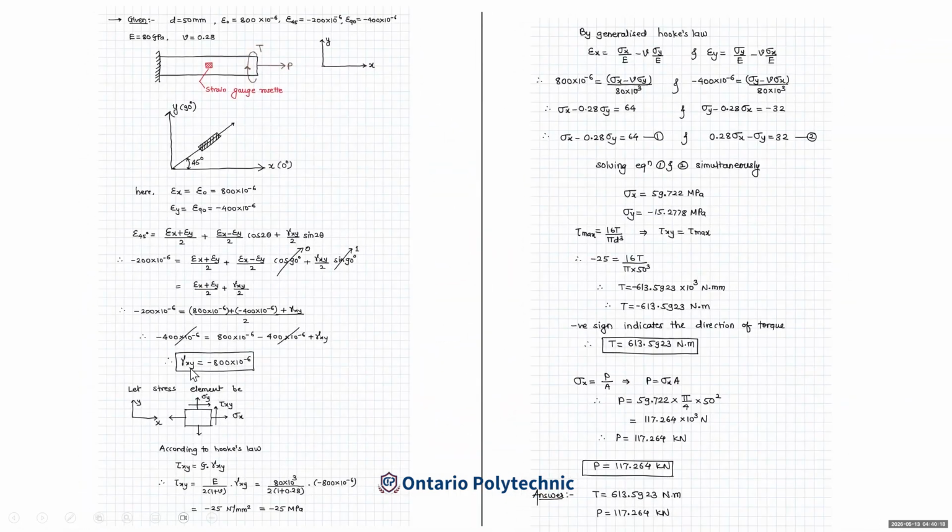Just a quick question, excuse me, sorry to interrupt you. Why do we have gamma divided by 2? Because in the original equation we only have tau xy sin 2 theta, but here it is gamma divided by 2 sin 2 theta.